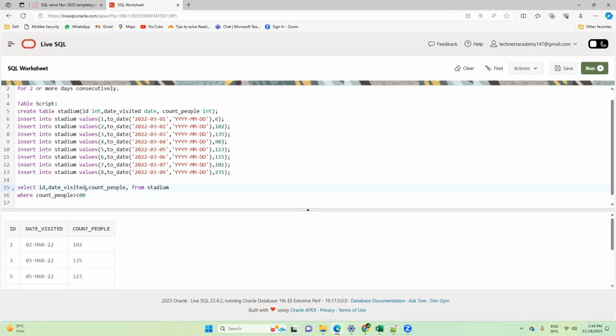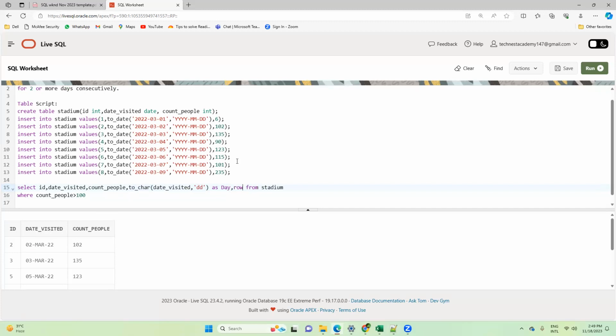First I will derive the day part from this. To get the day part, I will use TO_CHAR, the date function which we covered in the ad hoc session. I'm not sure whether it was completed or not, but this is how you can get the day part: TO_CHAR and then the date visited column. I have written DD, which means I want to extract the date part from this, and I'm giving the alias day.